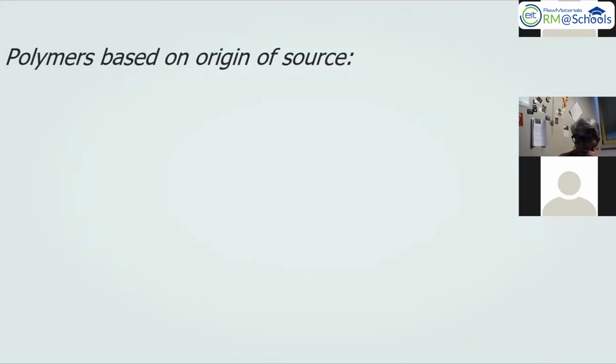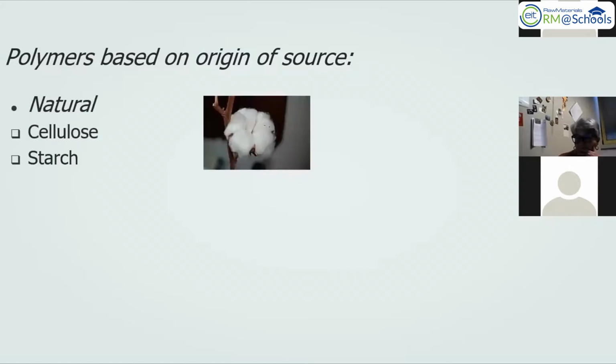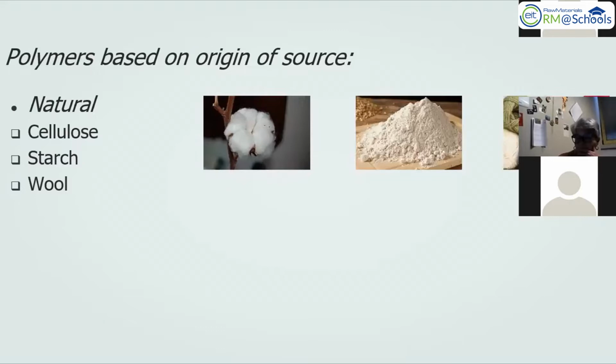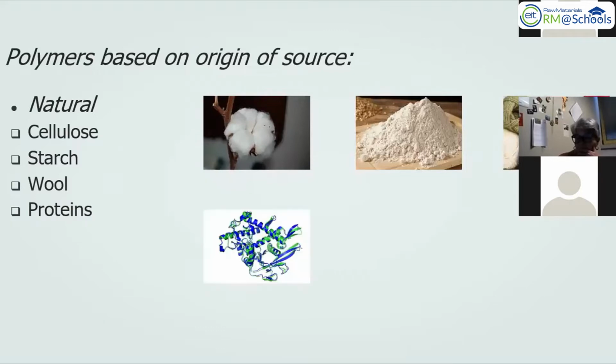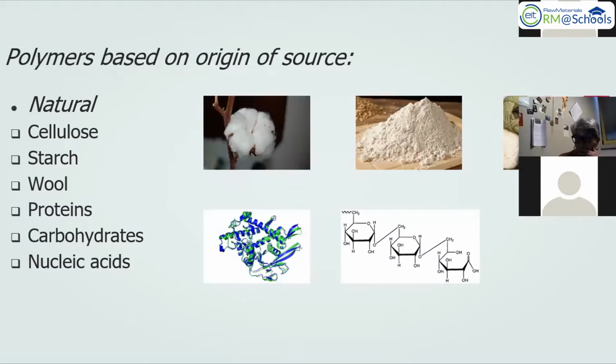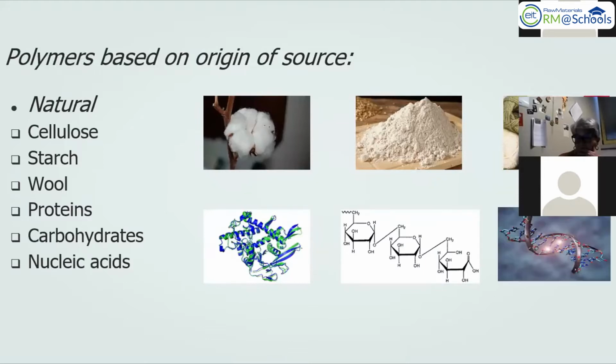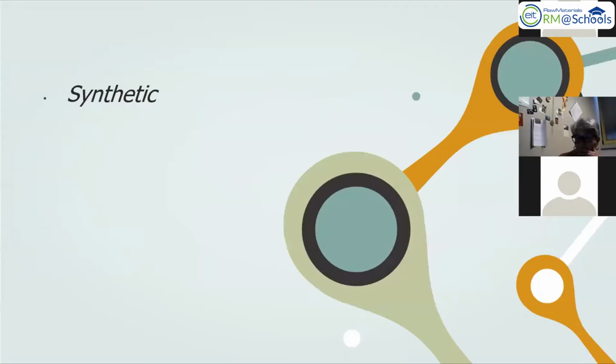Like I said, we will start with polymers based on origin of source. First of all, we have natural polymers, for example, cellulose, starch, wool, proteins, carbohydrates, and nucleic acids. Next, we have synthetic polymers.